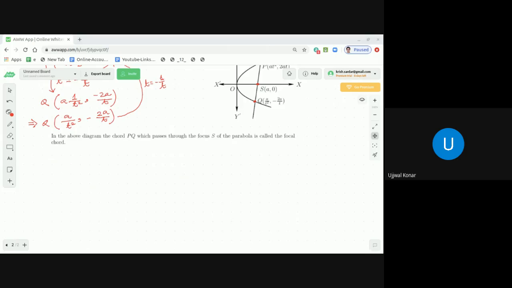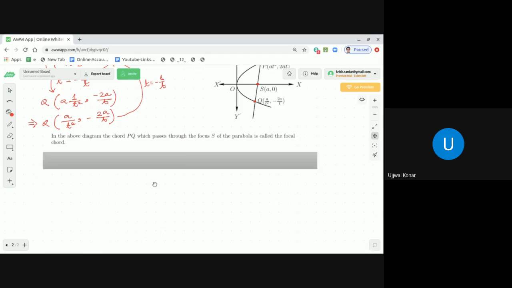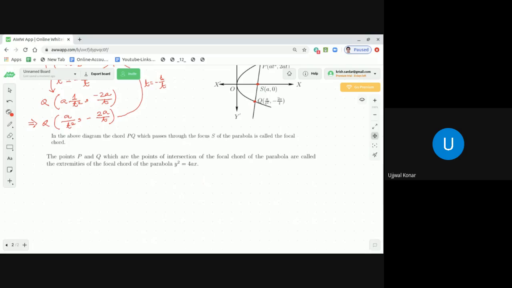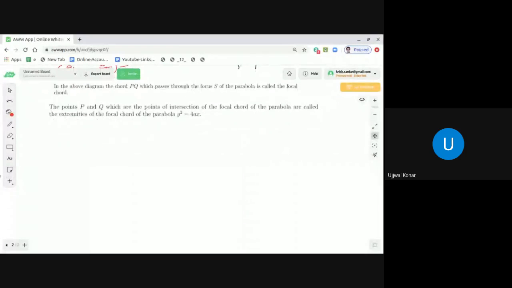The second point is that the points P and Q, which are the points of intersection of the focal chord with the parabola, are called the extremities of the focal chord of the parabola y square equal to 4ax.